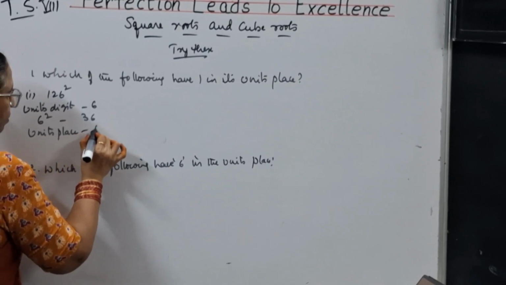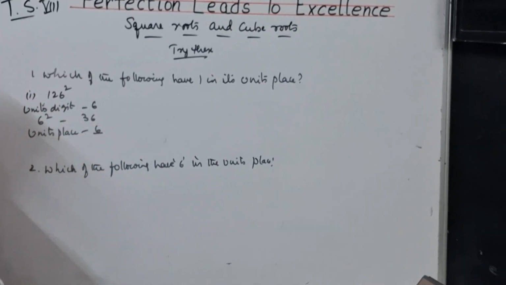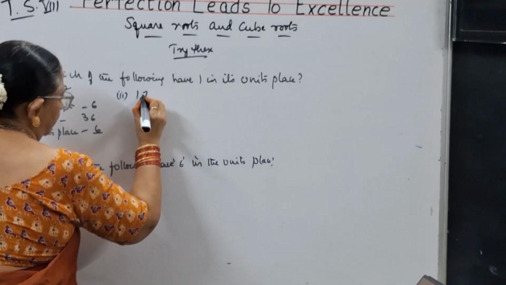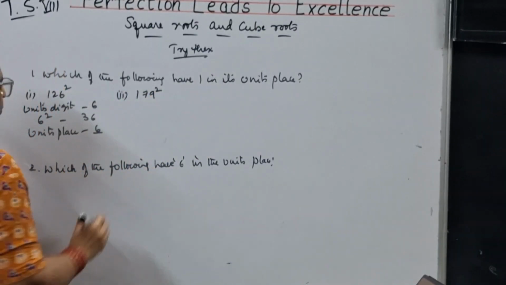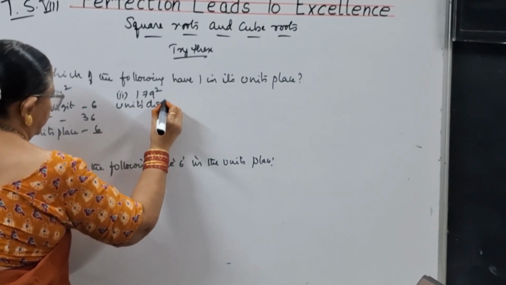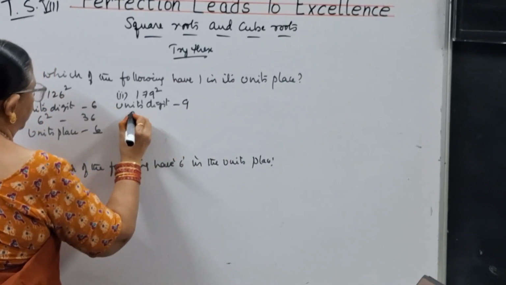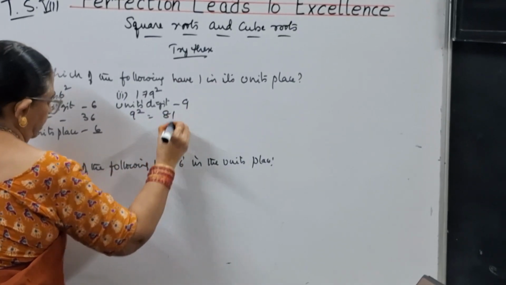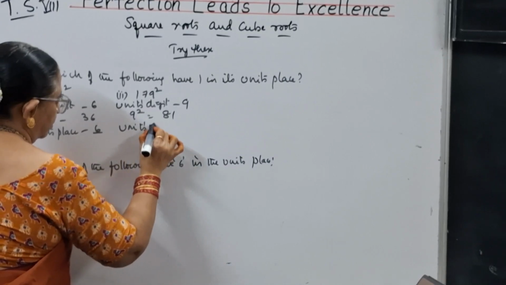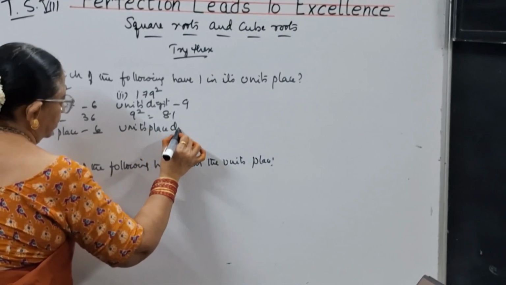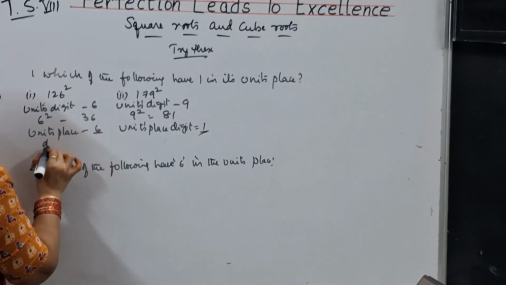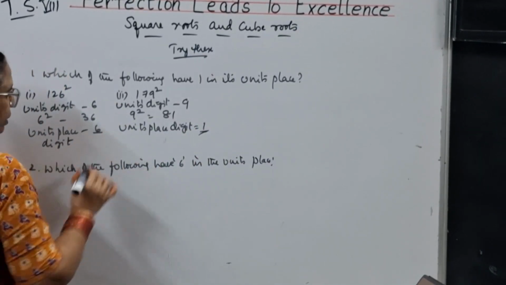Units place it has got 6. Next, second bit, 179 whole square. So, what is units digit? You have got 9. So, what is 9 square? 81. So, what is units place digit? Units place digit is 1.